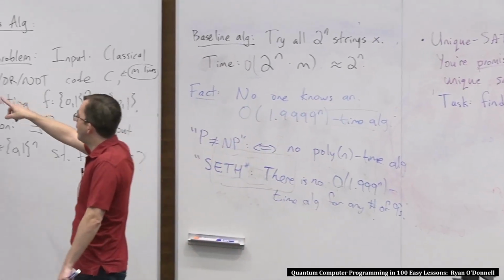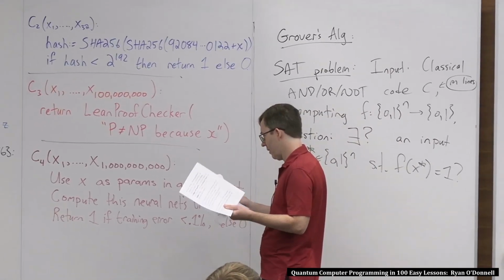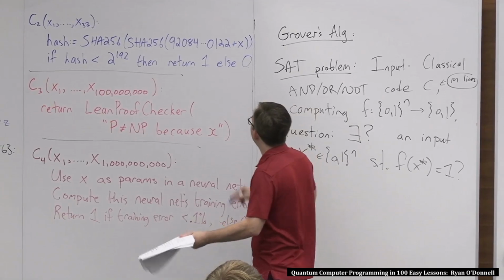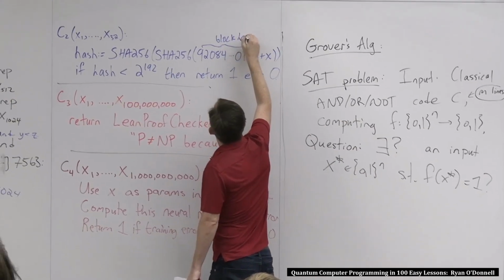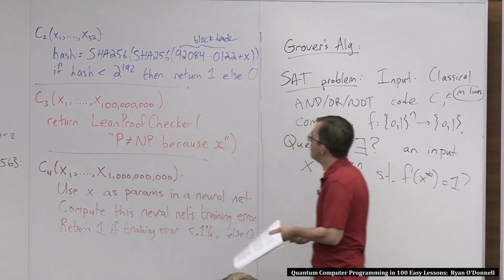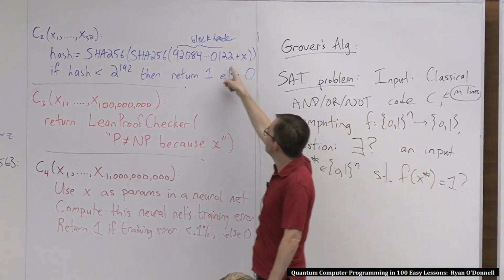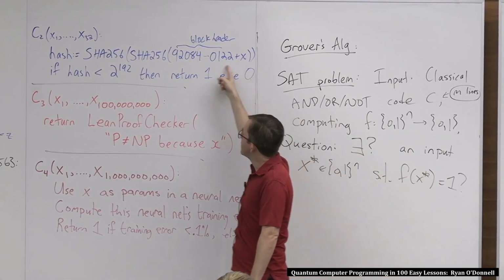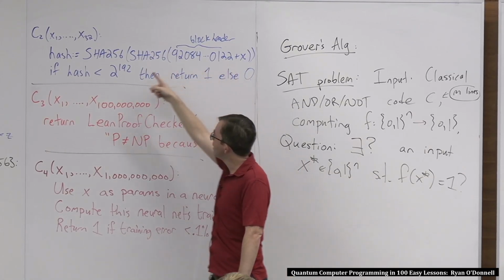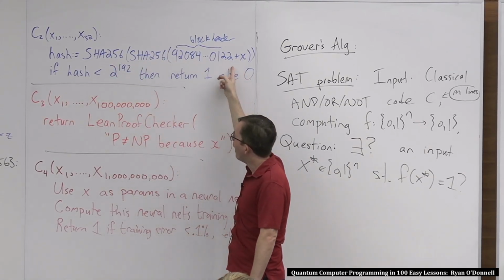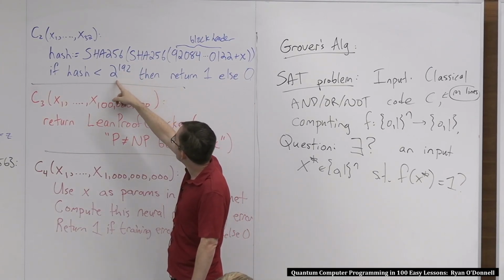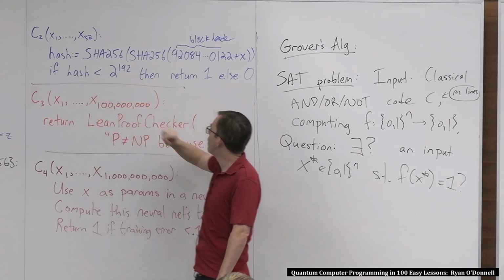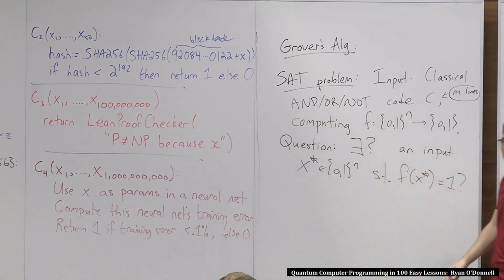This is a kind of a crazy one. This thing is called a block header, I think. This C takes in 32 bits and adds it to, I don't know, a fixed number. Then it takes a SHA hash of that. Then it takes a SHA hash of that. And then it checks if the first so many, 64 bits of this hash are all zeros, and if so, it returns 1.